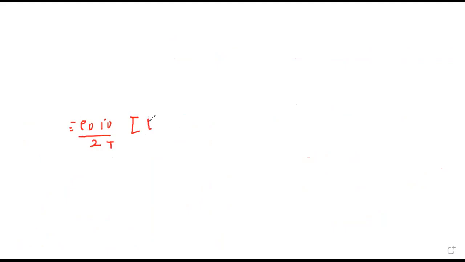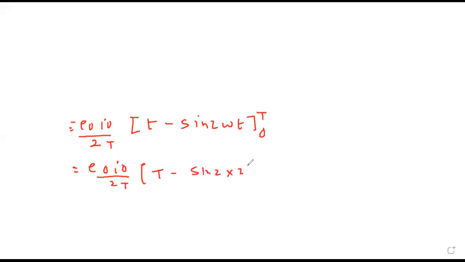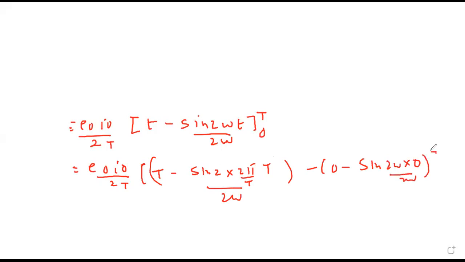This is t inside: T minus sine 2 omega t upon 2 omega from 0 to T. E naught I naught upon 2T, T minus sine of 2 omega, 2 pi by T into T, upon 2 omega, minus of 0 minus sine 2 omega into 0 upon 2 omega.